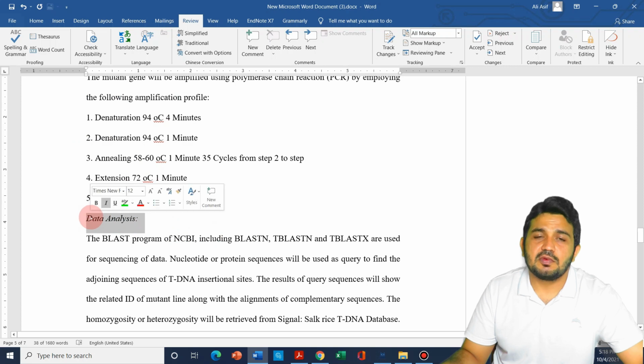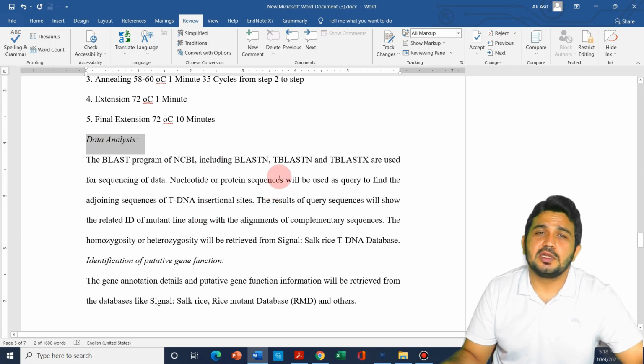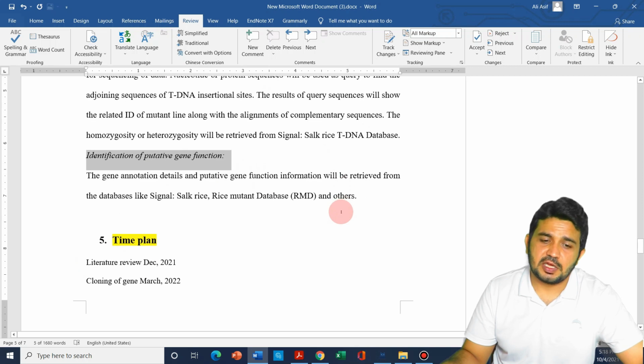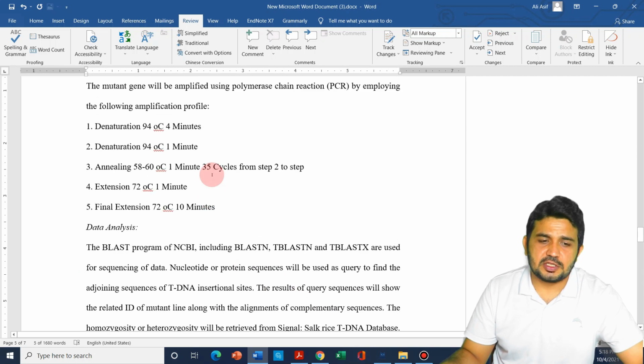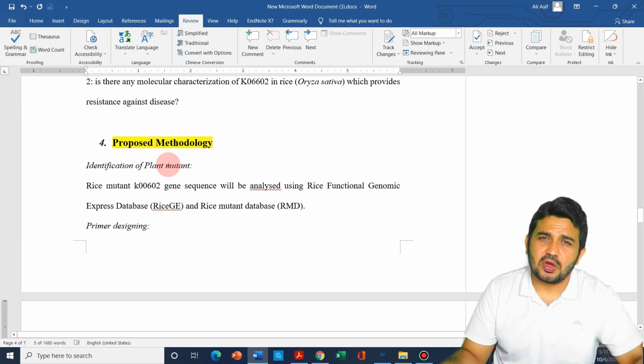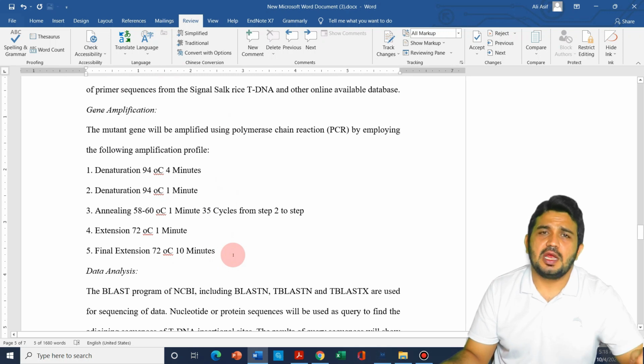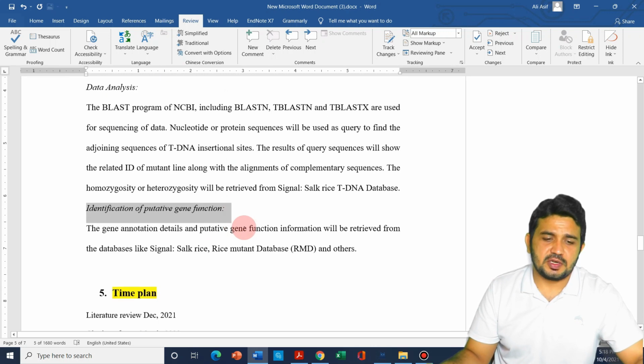And then you need to give data analysis, how you will use online software for data analysis, and then you need to identify the putative gene function of that mutant. In this way you can give a short detail of those methods which you will use in future. Although this is not complete, you can choose according to your own research.